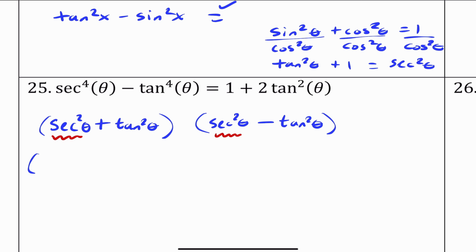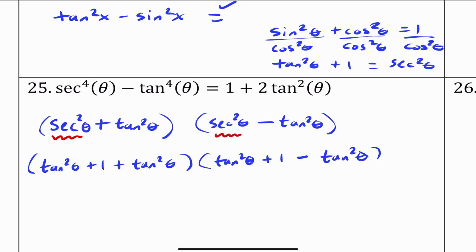I get tangent squared of theta plus 1 plus tangent squared of theta times, well, that secant squared of theta is now tangent squared of theta plus 1 minus tangent squared of theta. Now, if we look over here, tangent squared of theta minus tangent squared of theta, they cancel each other out.